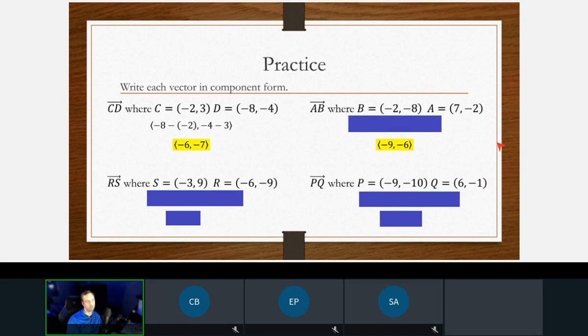What do you think? Ooh, did I write the points backwards? Did I put B first and then A, even though I put vector AB? Did I fool all of you?